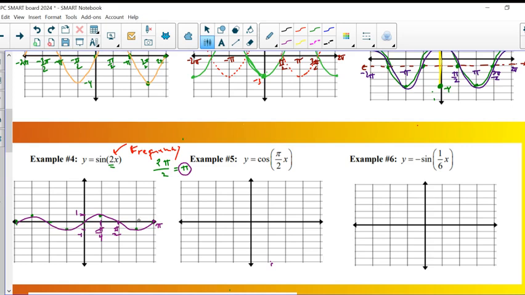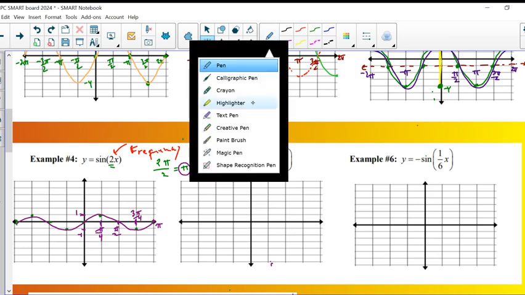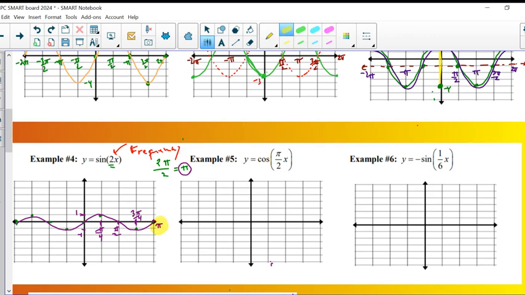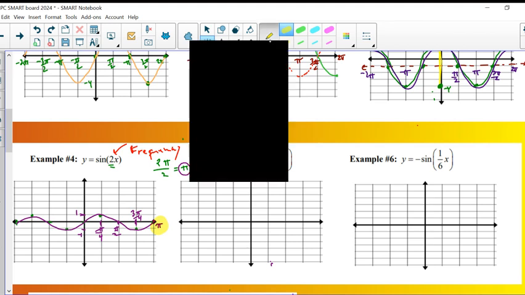This right here is going to be 3 pi over 4. And then this is pi. Because again, we have quadrants, right? So another way to think about that is, your period is pi, divide pi into quadrants. That means divide it into quarters. Okay, so we can do the same thing on the left side.